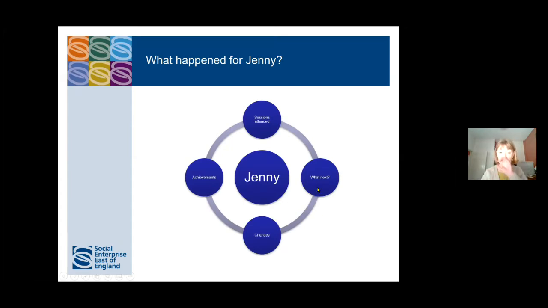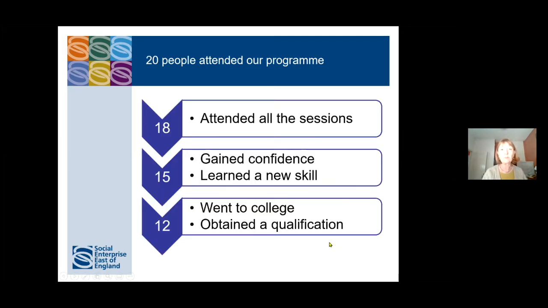So this has all happened for Jenny. And we really want to know that, because we really want to know that we're having a positive impact on every individual who comes to our organisation. But then we want to aggregate all of that. So we can say at that time, 20 people were attending the garden.